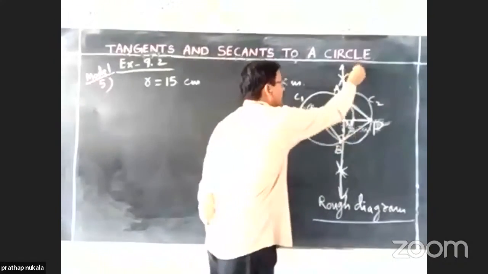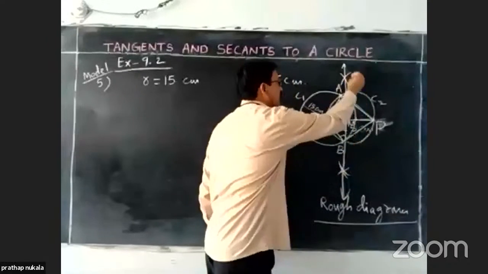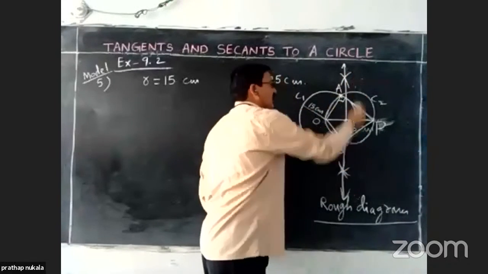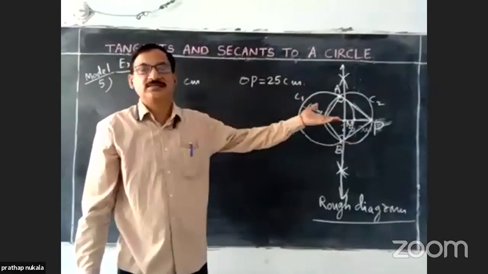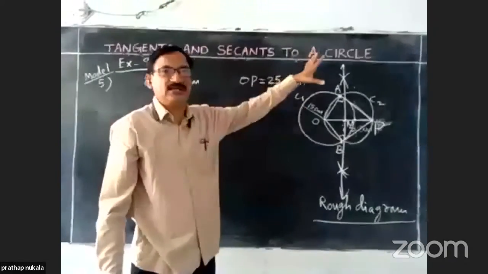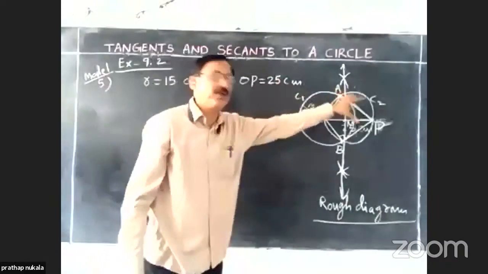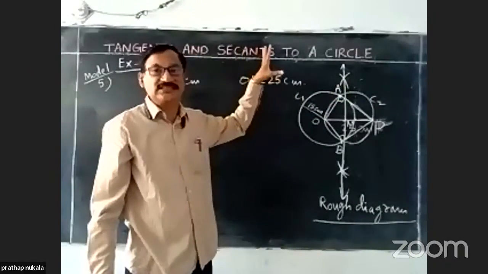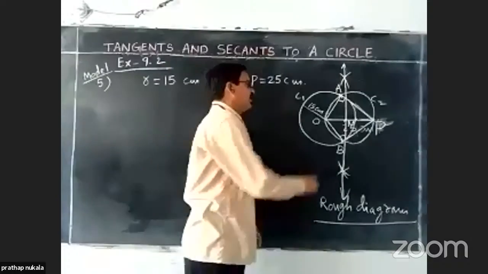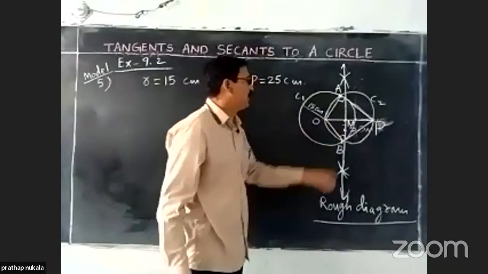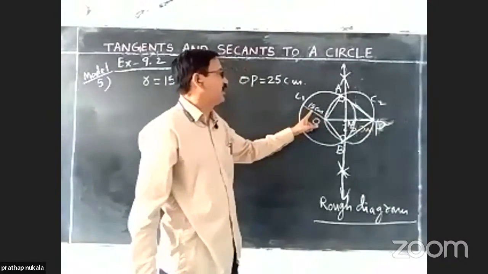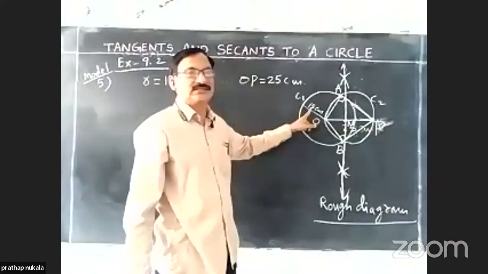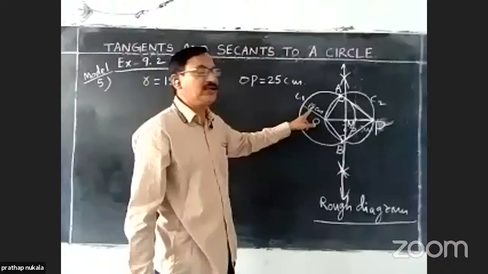Then the perpendicular bisector will touch the given circle. It is also a tangent, but no need to consider here. We only have to draw a pair of tangents from P. That is important.